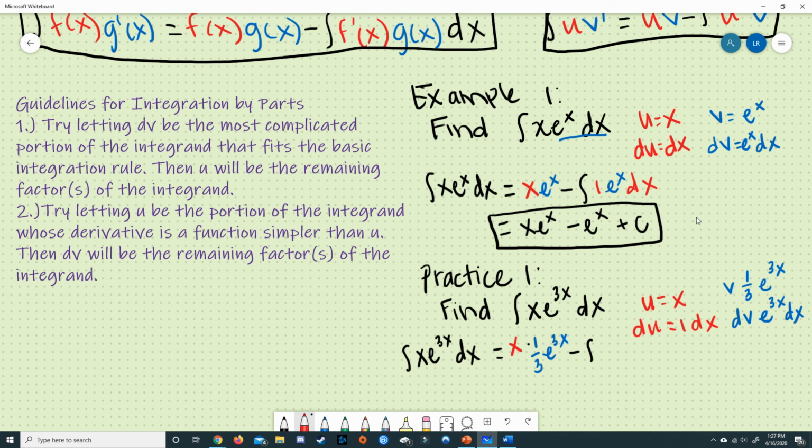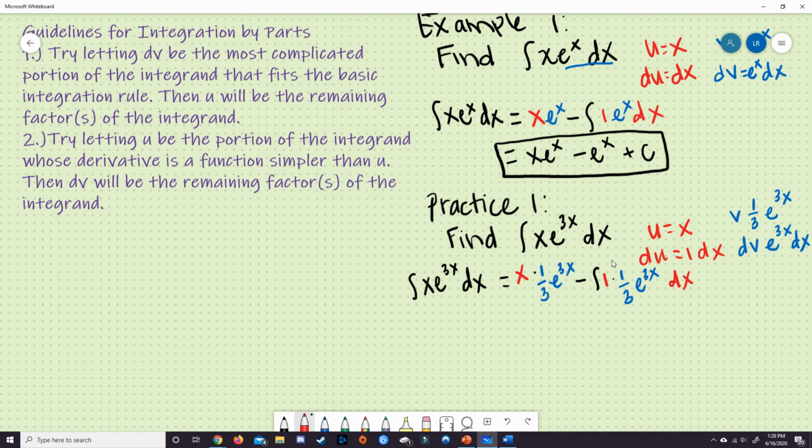So 1 times 1/3 e to the 3x and then dx. Okay, I'm not done until I have dealt with this integral sign, until I have dealt with the integral.